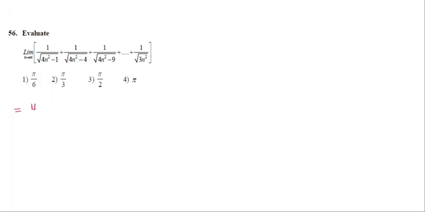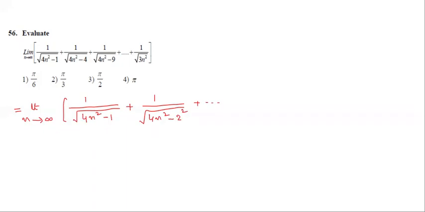Limit n tends to infinite, 1 by under root 4n square minus 1 plus 1 by under root 4n square minus 4 is there. 4 we can write 2 square, and so on. Tell me last term how to write. That is 4n square minus n square. That is 3n square only now.